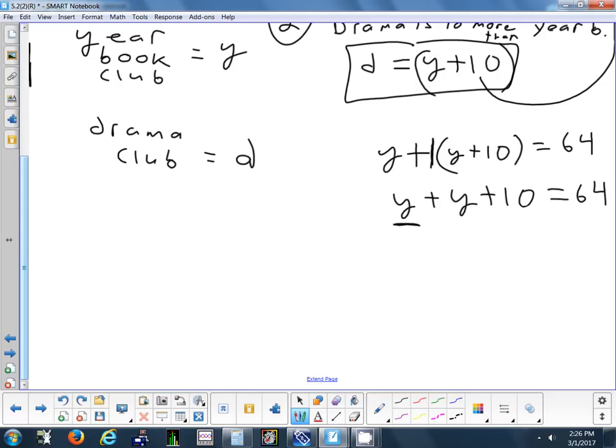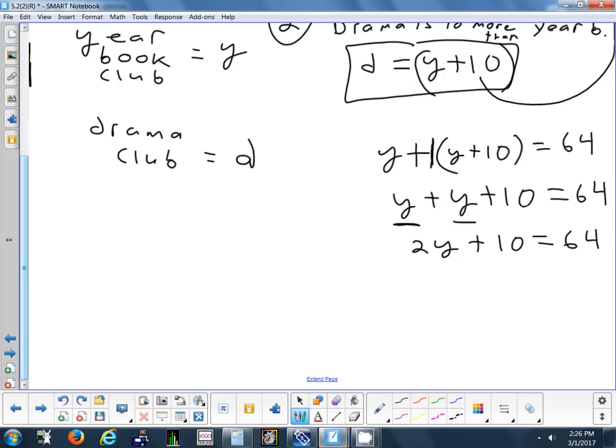You have to combine it with something that it looks like. Y. So y plus y. Okay. Sabrina, can you tell me y plus y? 2y plus 10 equals 64.